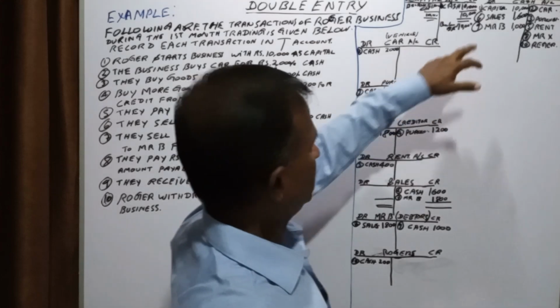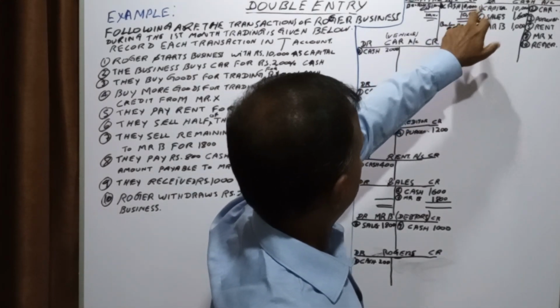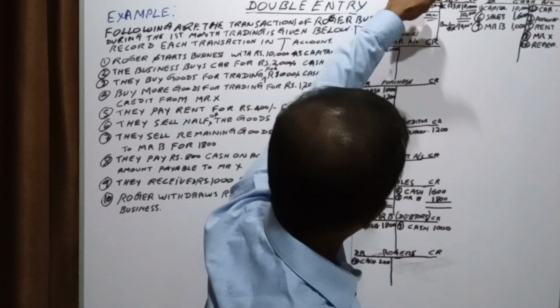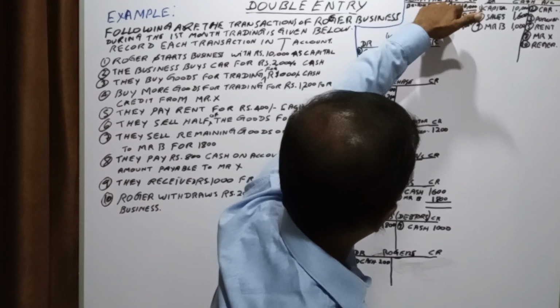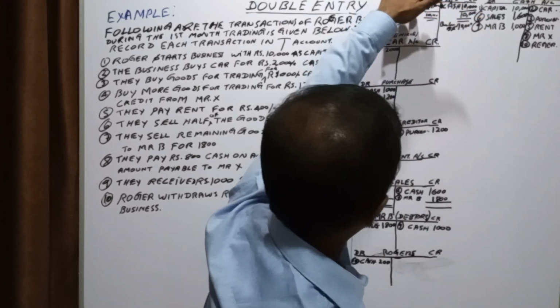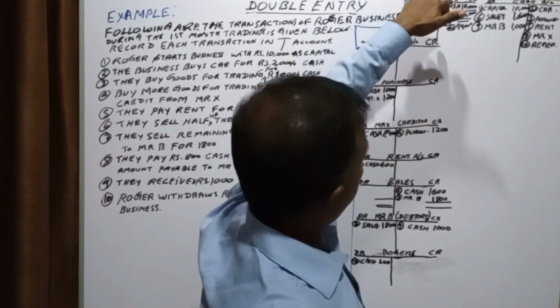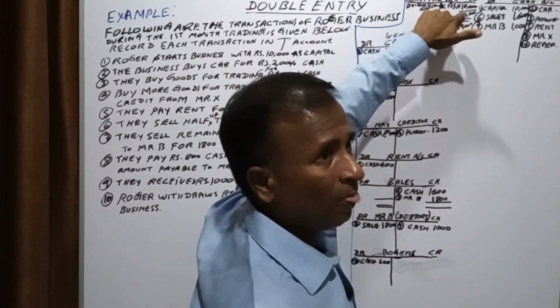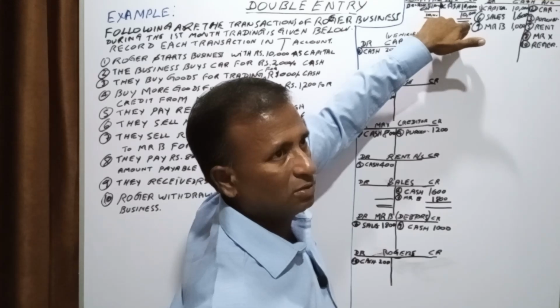When we are balancing, the bigger one here is 10,000. Here we will say balance carried down 10,000. We have to bring it forward to the next month, because this is the closing entry of the current month and the opening entry for the new month.